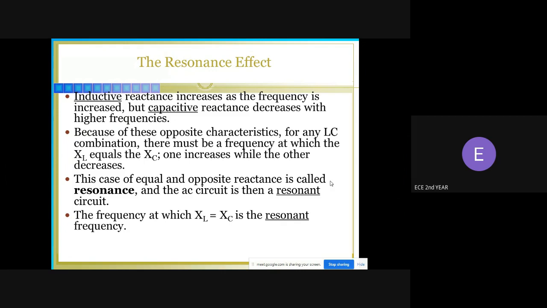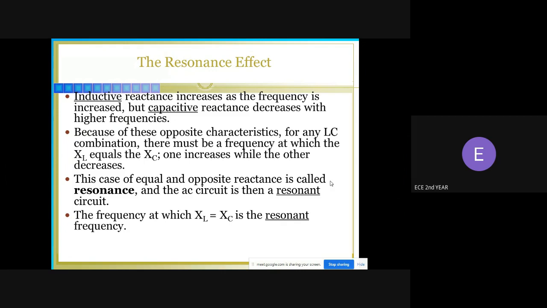When will the circuit be in resonance? The frequency at which XL is equal to XC is the resonance frequency. At which frequency the XL and XC both get equal, that frequency we call the resonant frequency. The inductive reactance and capacitive reactance totally depend upon the frequency.